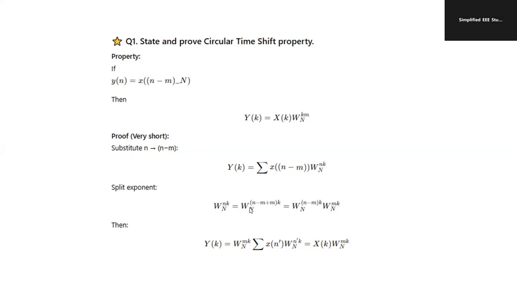Therefore, W_N nk is equal to W_N (n minus m) plus mk. Here the m and minus m get cancelled, so only the particular term is retained, and you get the final answer X of k into W_N of mk. That is the ultimate answer you should follow during your exam. Kindly revise it once and go to the exam hall.